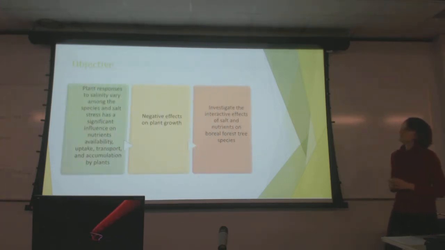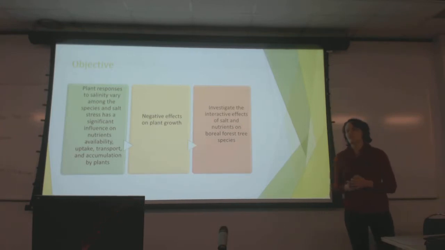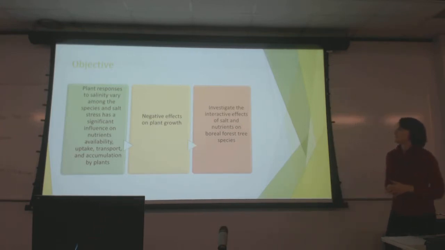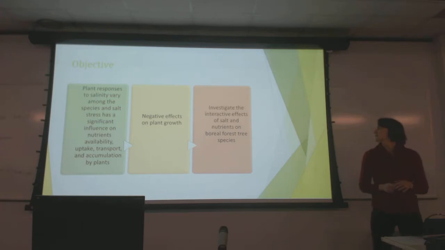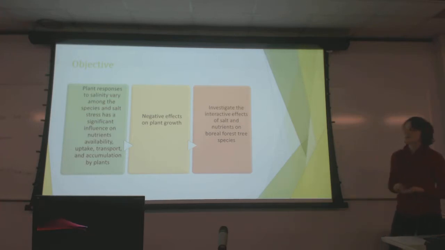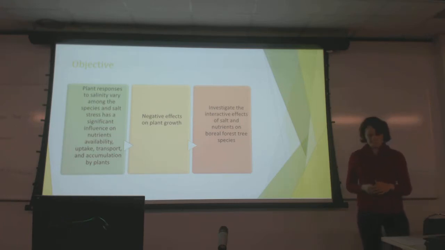So, since plant responses to salinity vary among species and cause negative effects, the objective of this experiment was to investigate the interaction between salt and nutrients in these boreal forest trees.